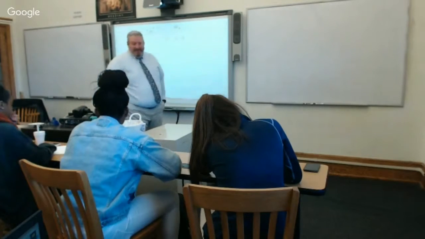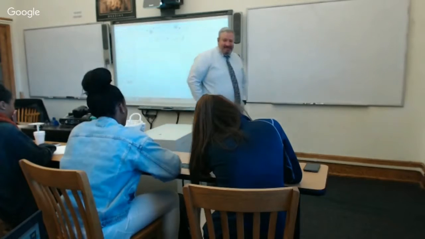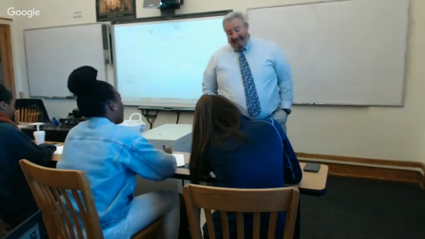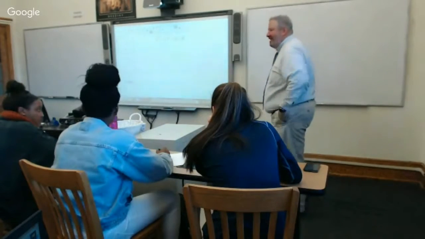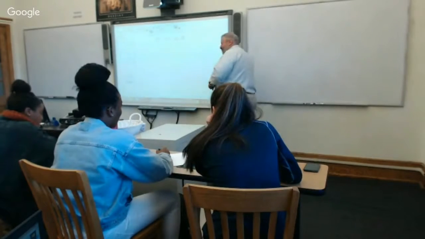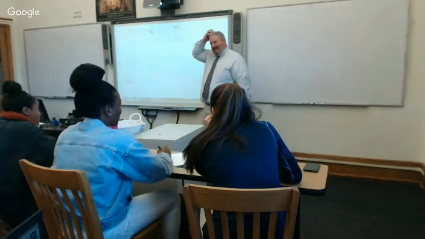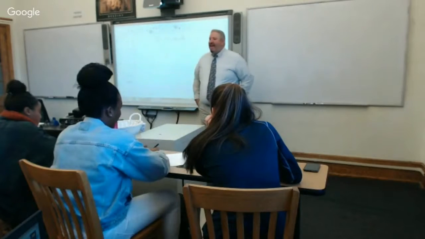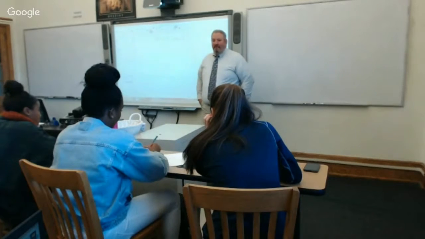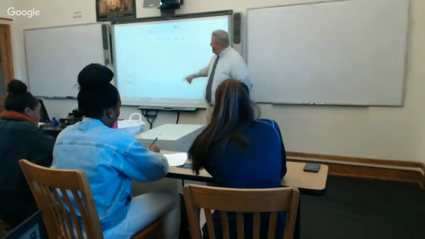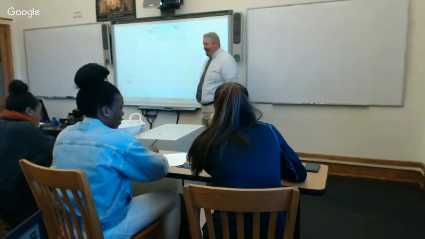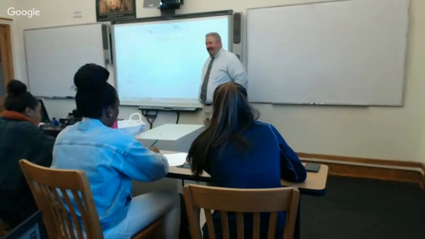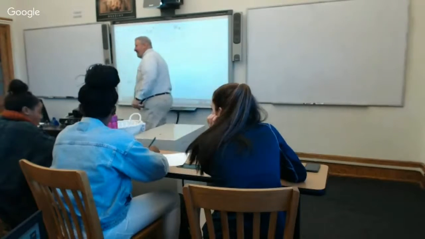You made a mistake which a lot of people are making. What's the rule of exponents? You can't add them together. You add the exponents when you do what? Multiplication. That's an addition sign.